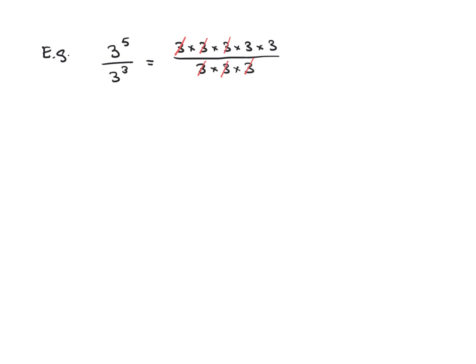Some people will call that canceling out. If you look at what's left over, I have 3 times 3 left over, which can be written as 3 squared, which equals 9. 3 squared is 9. So that's the answer. We can do a check.